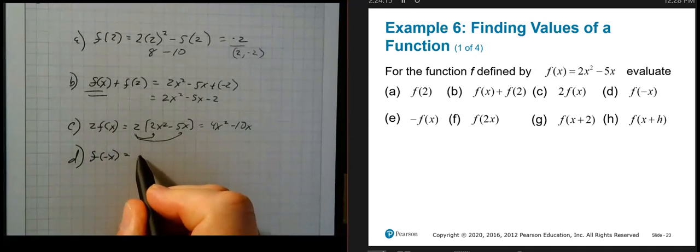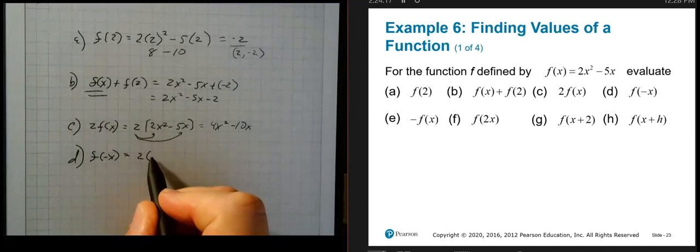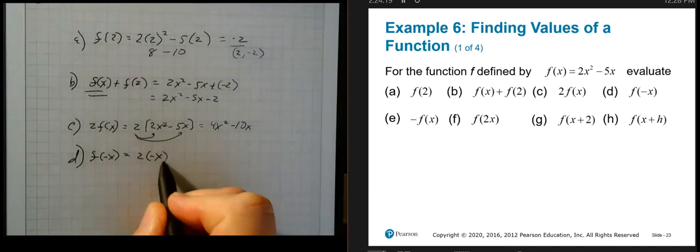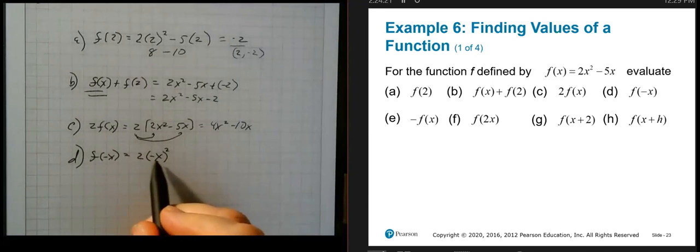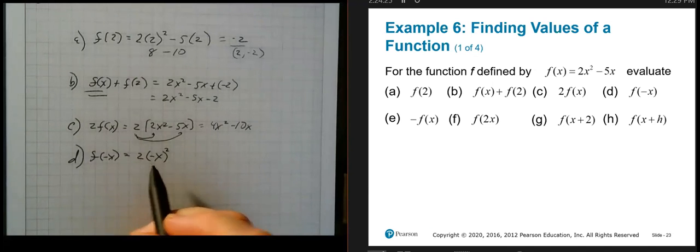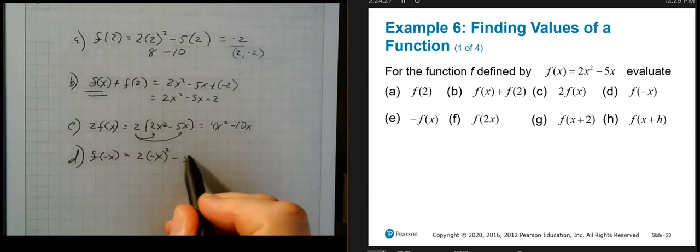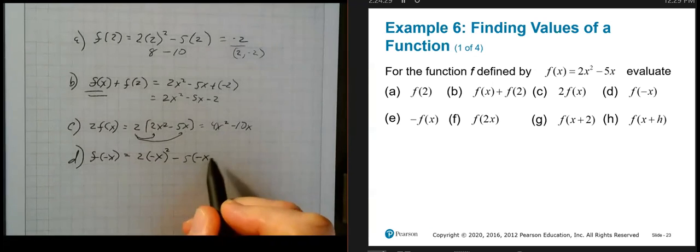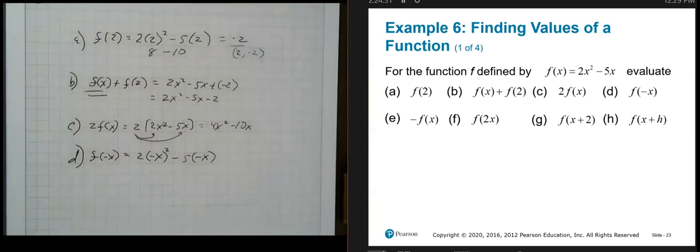So this becomes 2 times the expression negative x squared. So I'm squaring the negative x, not just x, but I'm also squaring the negative. And then I'm subtracting 5 times negative x. Okay. What is negative x squared?